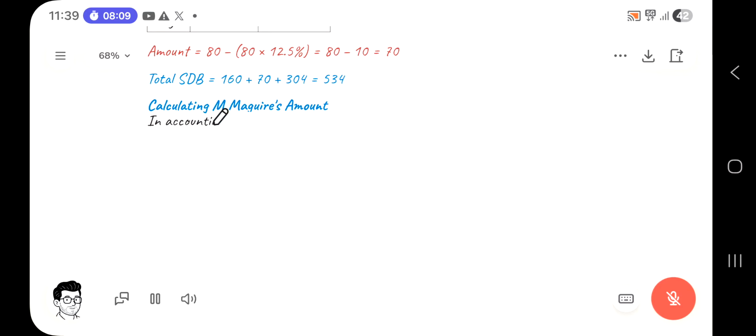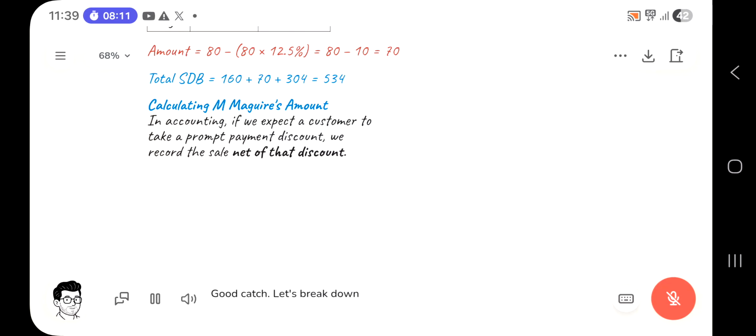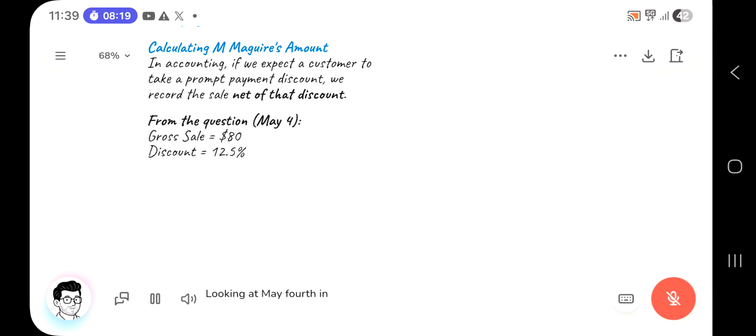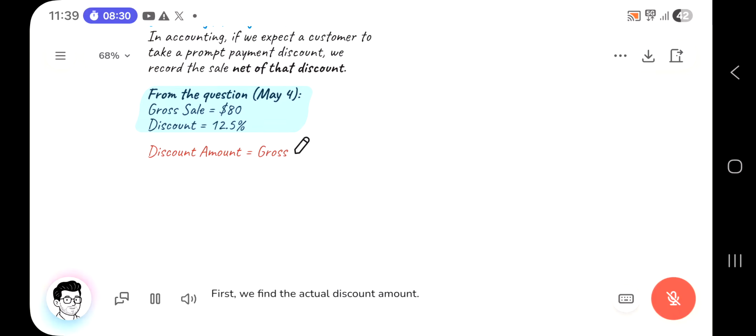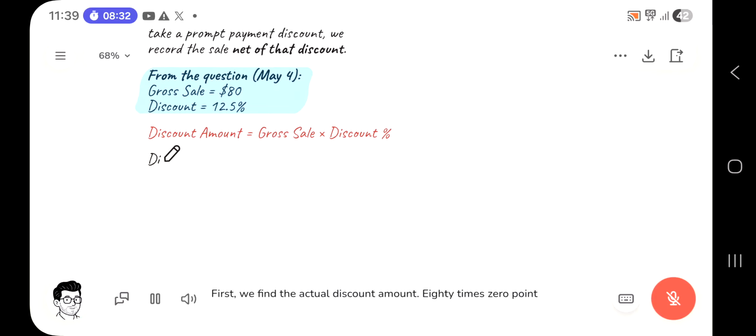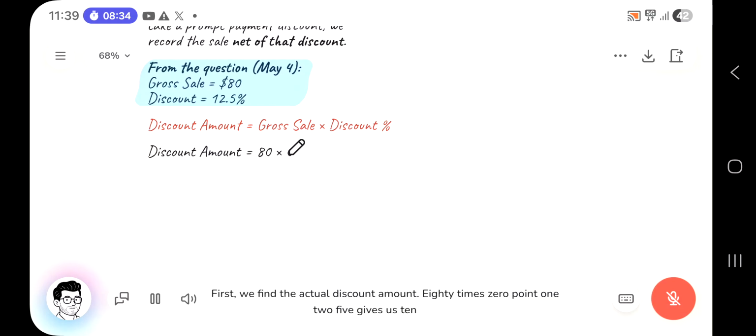Good catch. Let's break down that $70 figure because it's a classic spot where people get tripped up. Looking at May 4th in your notes, the gross sale is $80 and the discount is 12.5%. First, we find the actual discount amount. 80 times 0.125 gives us $10.